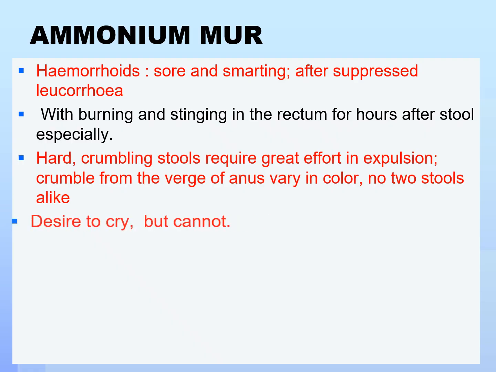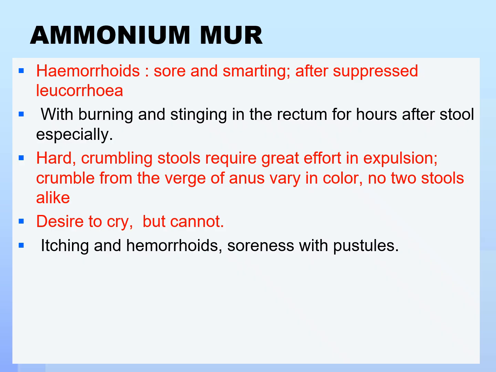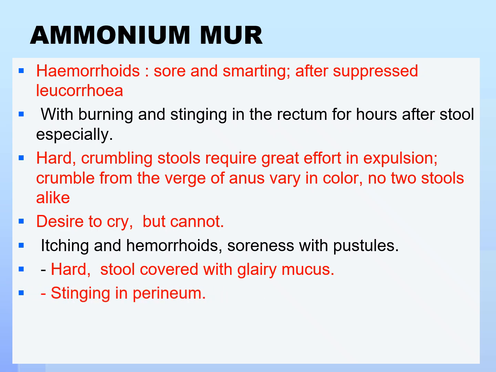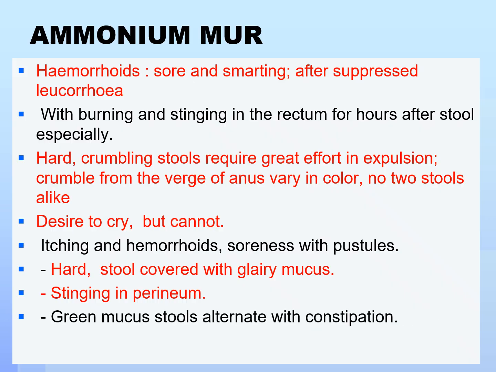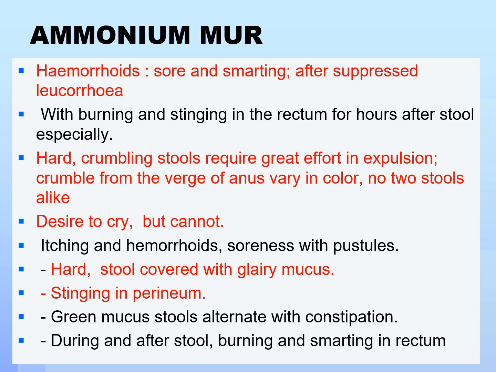Stools are typically hard, crumbly, difficult to pass, sometimes covered with mucus and may vary in color and consistency. Constipation may alternate with mucus diarrhea. Patient may experience itching and soreness around the anus, stinging pain in the perineum, and emotional symptoms like feeling like crying but unable to do so. This remedy is useful in cases with marked rectal irritation and irregularity of the bowel.